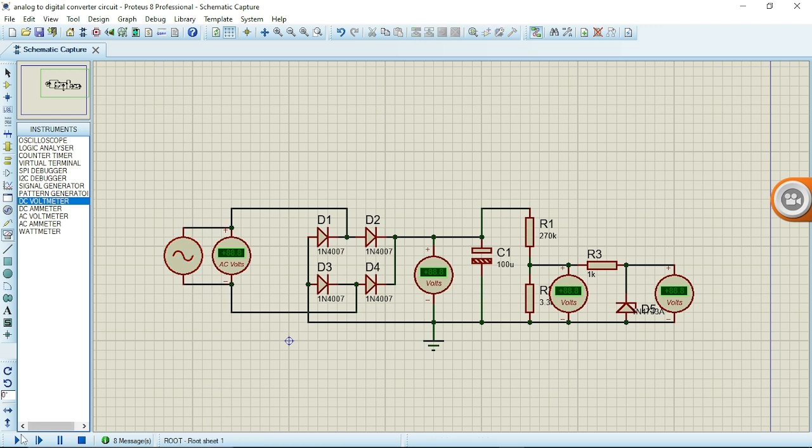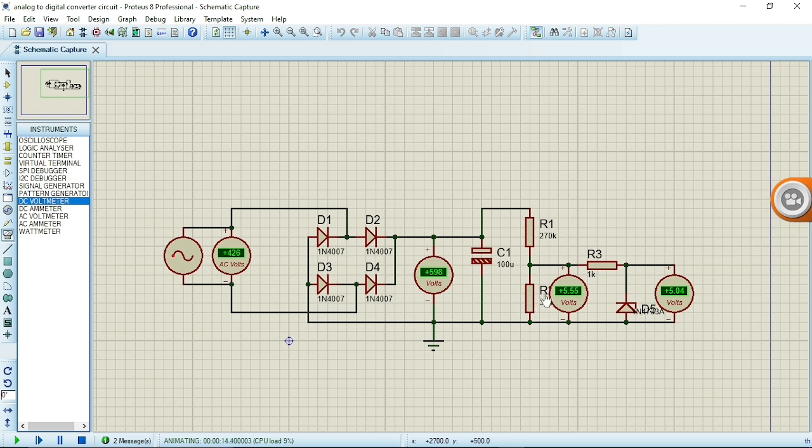We have 426 volts here. 426 volts multiplied by 1.414 will give us 598 volts. So after this voltage divider, we have 5.55 volts, which is equivalent to 426 volts AC. So this is way too much for my IC.